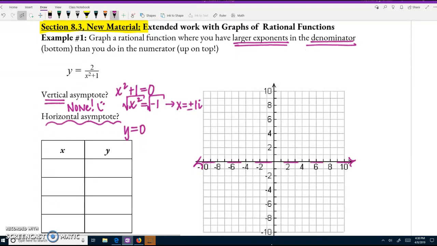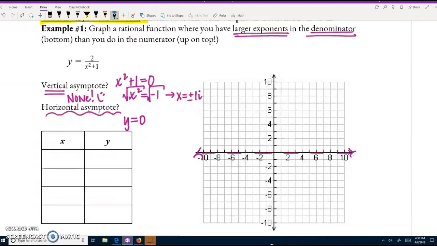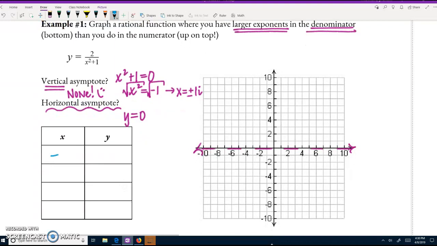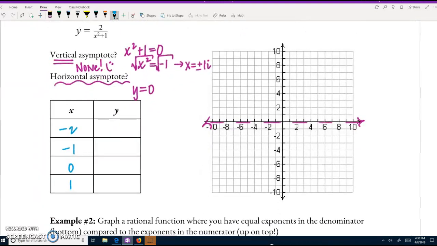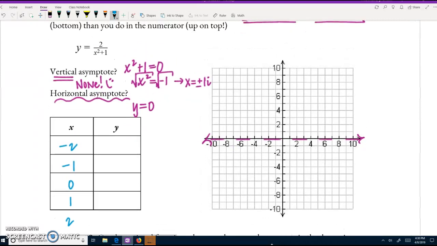So what that means is I just need to pick some negative numbers to plug in and some positive numbers. So let's plug in -2, -1, 0, and let's do 1 and 2 as well. If I plug -2 in, -2 squared will become a 4. 4 plus 1, this is going to be 2/5. If I plug -1 in, this will become a 1 plus 1, so 2 over 2.